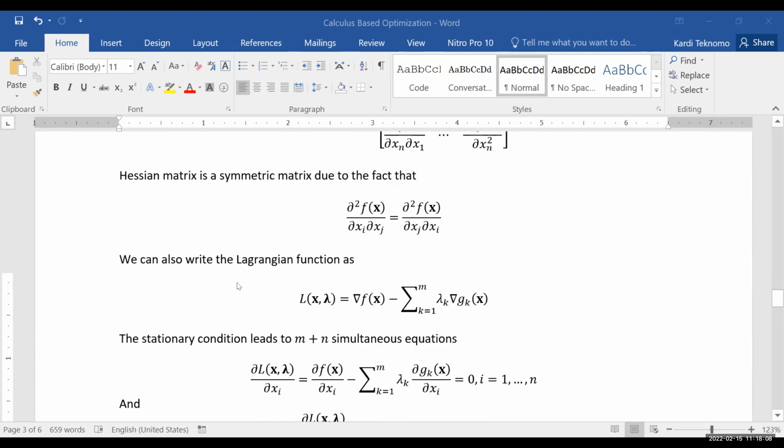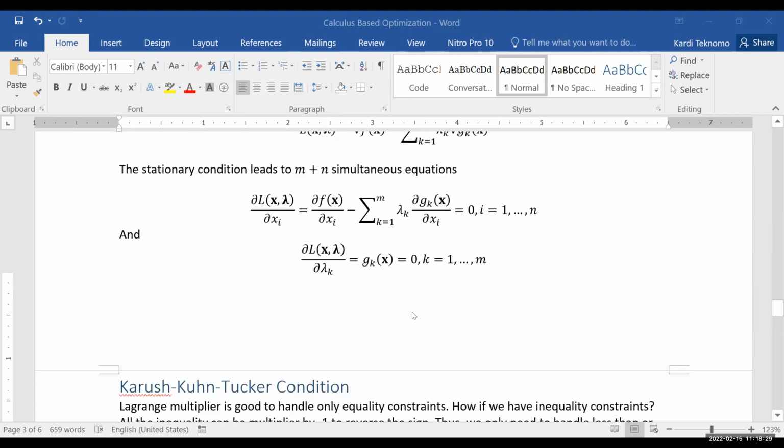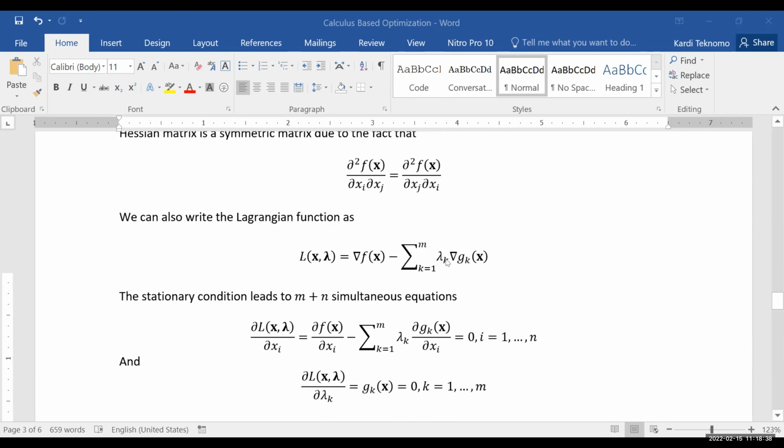If you use Lagrange multiplier, now you can have many G. So the constraint is now G1, G2, until GK. And now what happens is this: if you use Lagrange multiplier, the GK must be equal to 0, right?